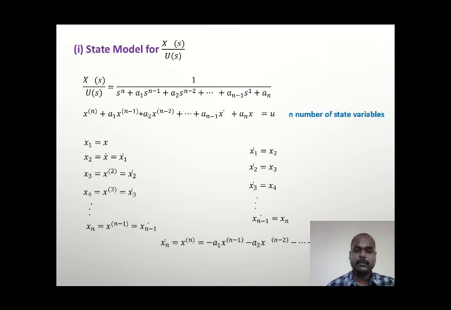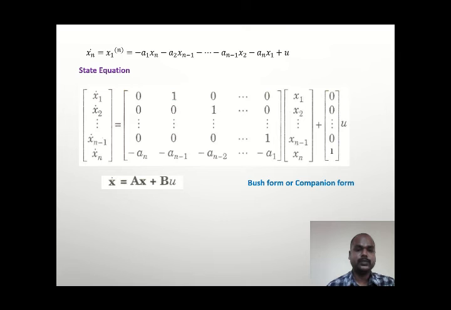Now when we rearrange this, moving the left hand side to the right hand side and the right hand side to the left hand side, we have x1 dot equals x2, x2 dot equals x3, and accordingly xn dot equals the remaining expression. Moving on, when we separate our variables from their derivatives to constants, we obtain the form that we finally get. This can again be represented in the state equation, which is x dot equals Ax plus Bu.